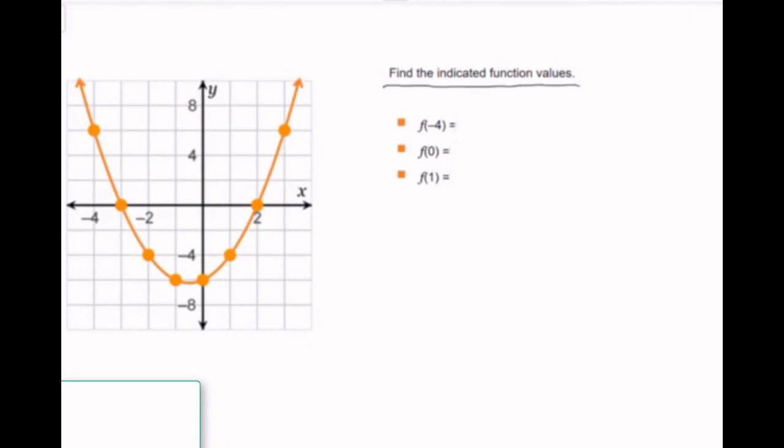Now let's begin evaluating functions. In a given example, we have f of negative 4, f of 0, and f of 1. That's the same thing as looking at a table when the x value is negative 4, when the x value is 0, and when the x value is 1.